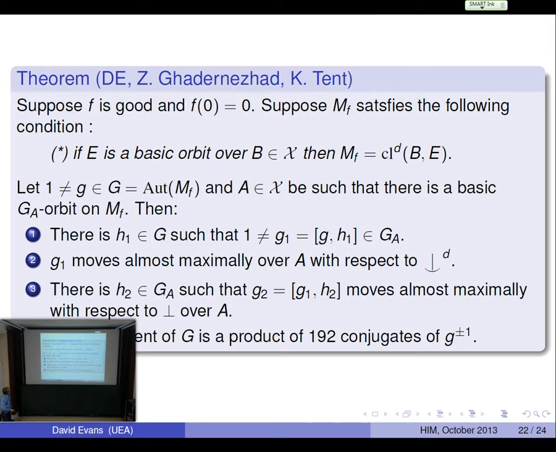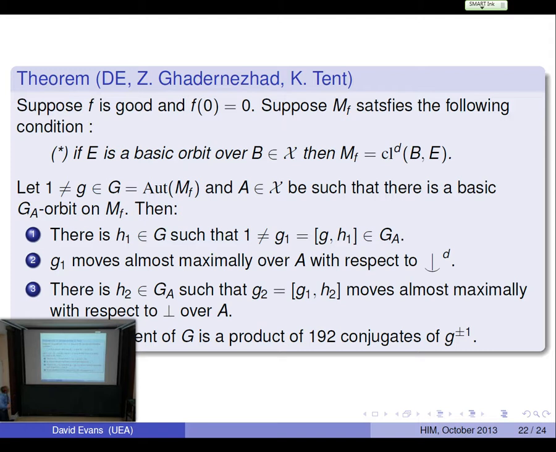Take a non-identity automorphism and take A closed such that there's a basic GA orbit. Then these are the steps in the proof. You show that you can take a commutator of your given G, which fixes every element in A. Well, that's not terribly hard.